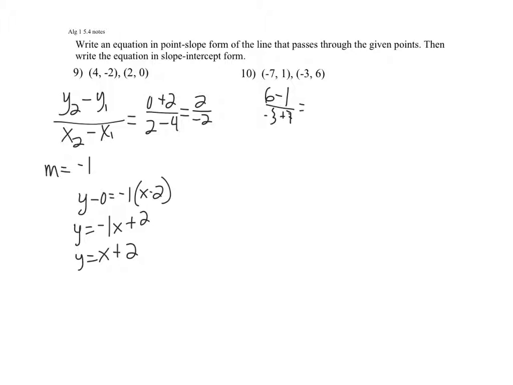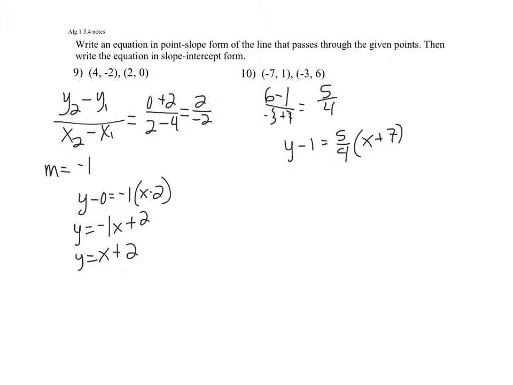So we've got 6 minus 1, which is 5, over 4. So you can pick either point you want. Let's pick the -7, 1 point this time. So we're going to have y minus 1 is equal to our slope, 5/4, times x minus x sub 1. In this case, it's -7, so I'm going to say plus 7.